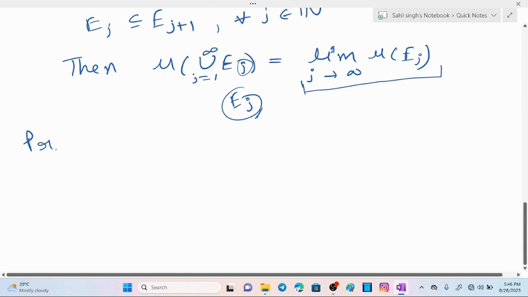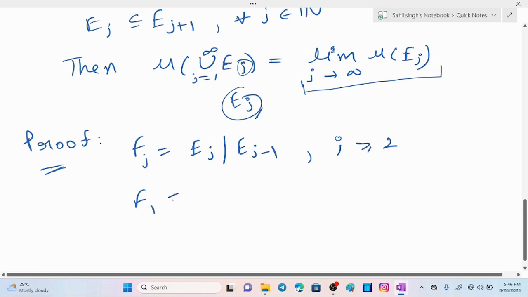Let's prove it. Again we have to make some disjoint sets. So let's make disjoint sets as Fj equal to Ej but not in Ej-1, for j greater than or equal to 2, and let's define F1 to be equal to E1.